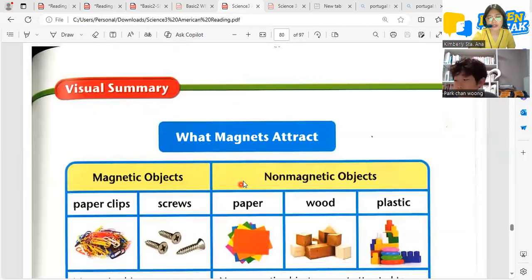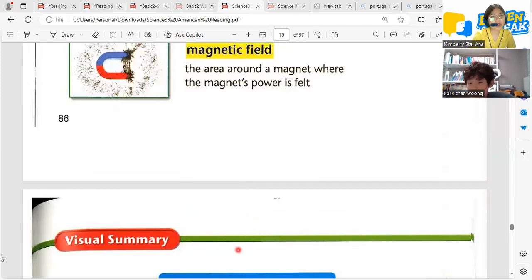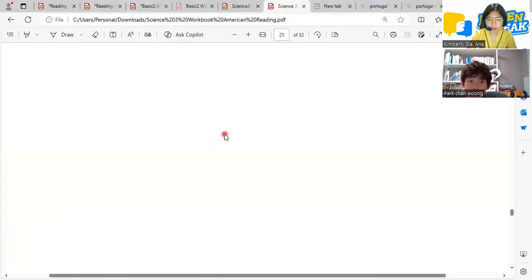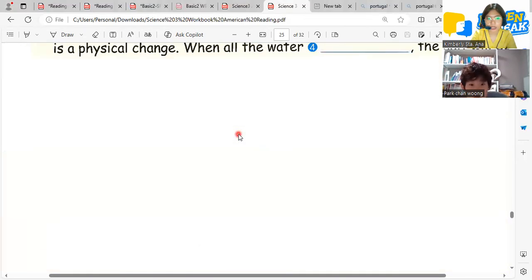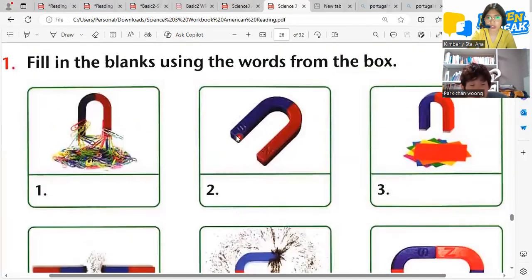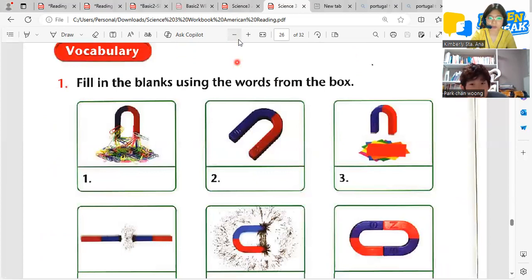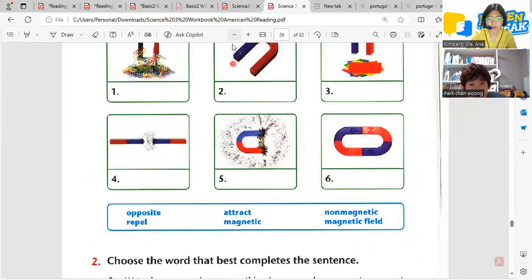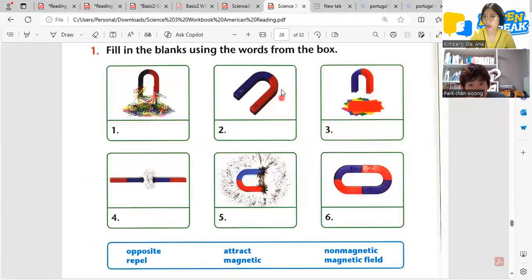You did nice with our vocabulary words. Now I want you to look here and help me identify these words using the given pictures. Let's start with number one, Evan. That is magnetic. Very good. Number two.